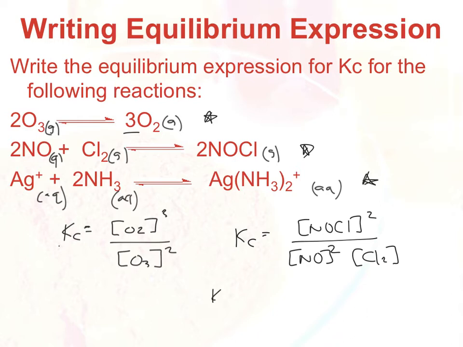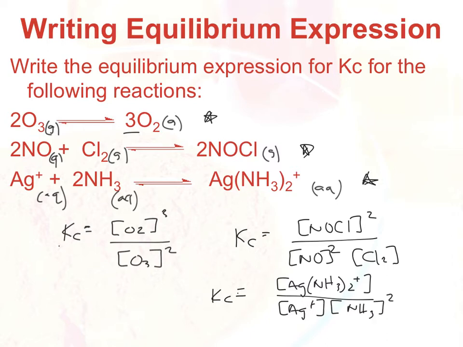And for the third one, it will look like the following. No power because there's a coefficient of 1. And then our reactants down at the bottom with the appropriate coefficients.